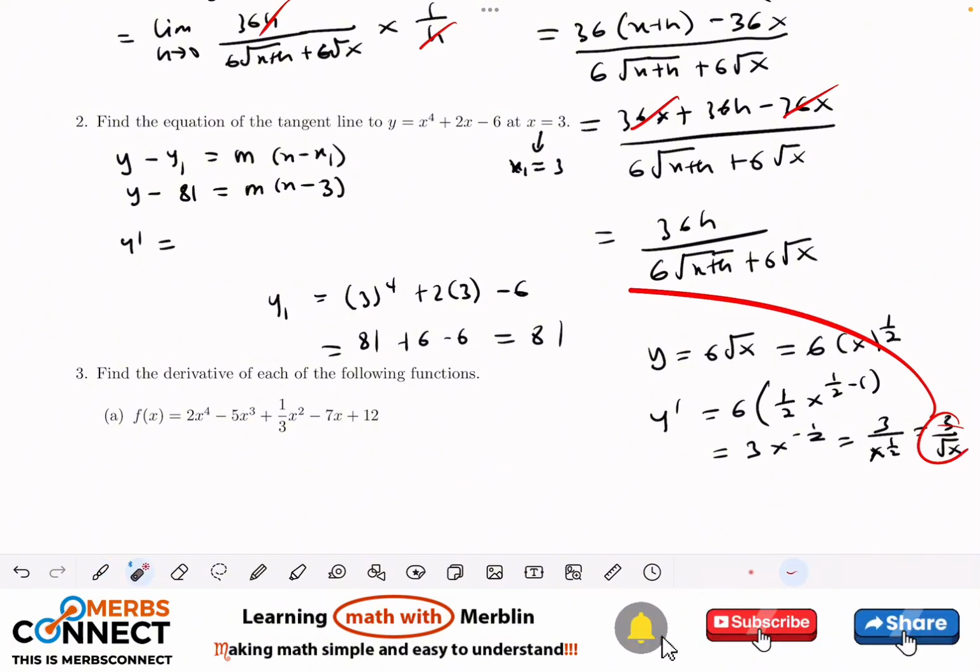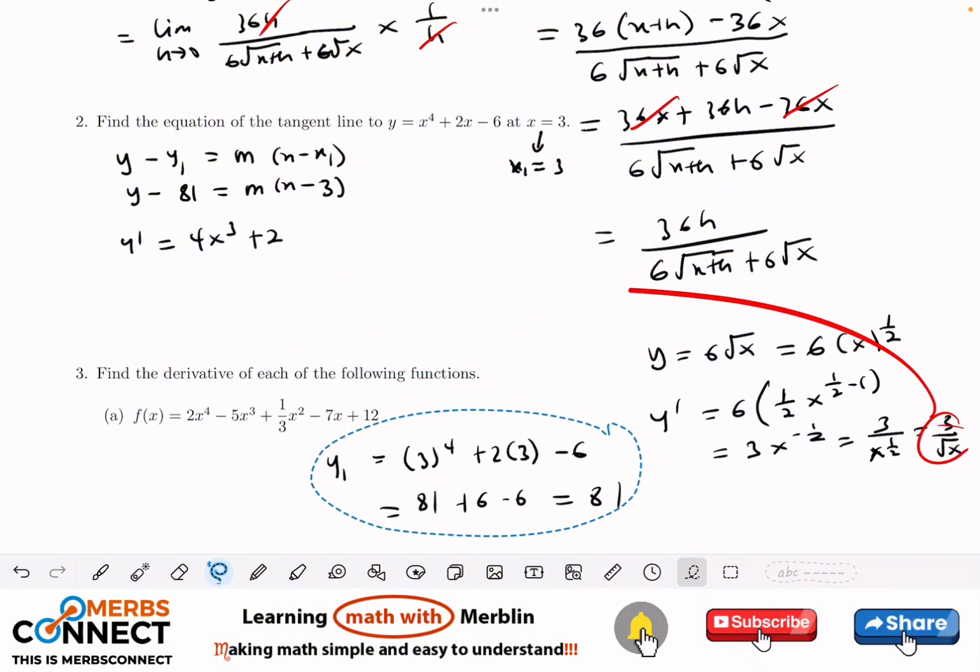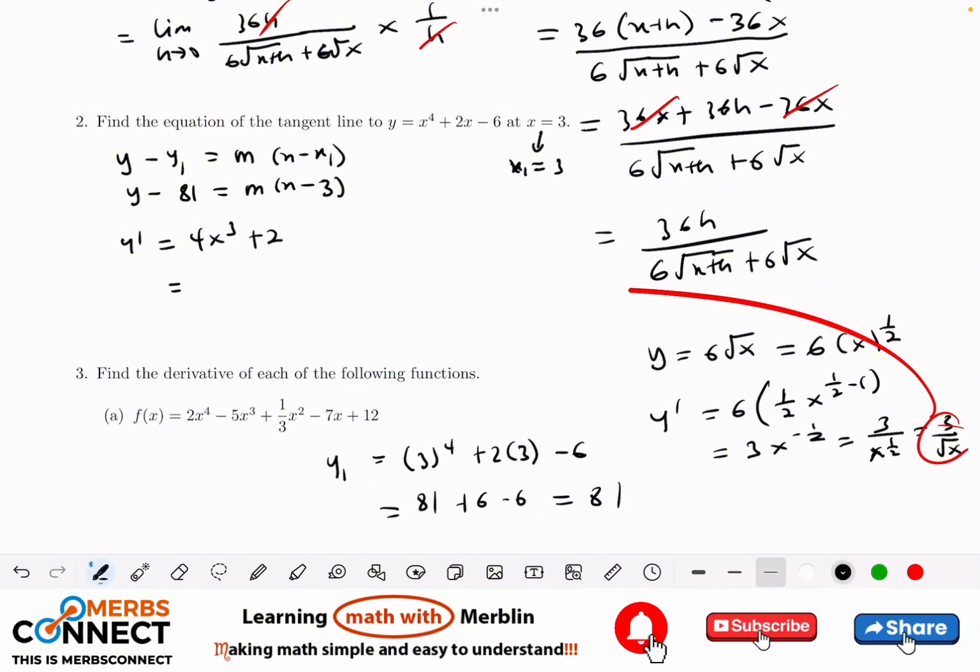Using the power rule, we are going to have 4x to the power 3 plus 2. Then we need to plug in, not 1, plug in 3: 4 times 3 to the power 3 plus 2.